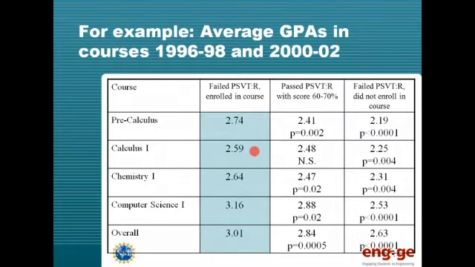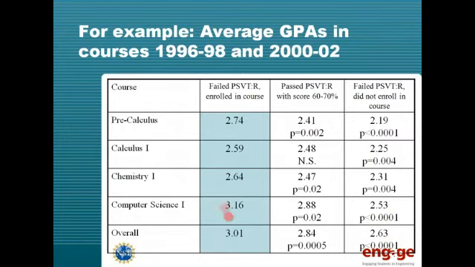And you can see, again, these students who had the spatial skills training had significantly higher average grades than the students who passed the Purdue test with a marginal score between 60 and 70%. And they're, again, much higher than the students who failed the Purdue test and did not enroll in the course.